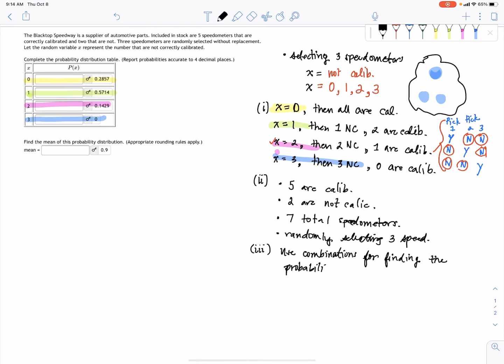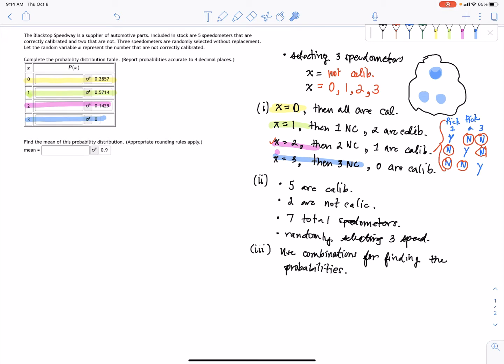And so we're going to end up finding 4 probabilities. And these 4 probabilities are the chance that I select these 3 speedometers and all of them are calibrated, or just 2 of them are calibrated, or 1 is not calibrated, or 2 are not calibrated and 1 is calibrated, or all 3 are not calibrated.